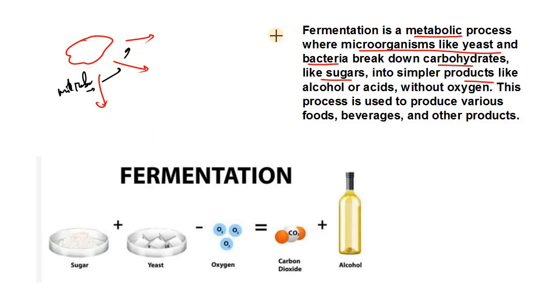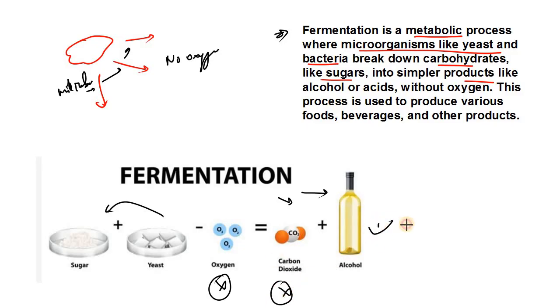And remember, there is no oxygen required for this process. This process is used to produce various foods and beverages. For example, we have sugar plus yeast, no oxygen required, and the yeast works on the sugar and it is broken down into carbon dioxide and alcohol. We don't want the carbon dioxide, and we just take our alcohol. So that's the basic idea.